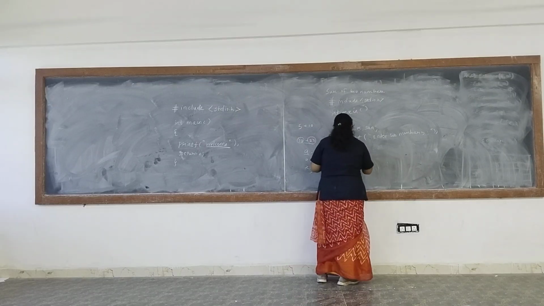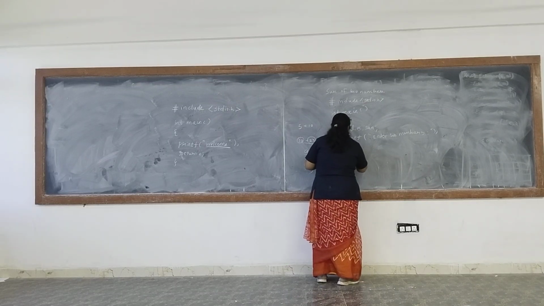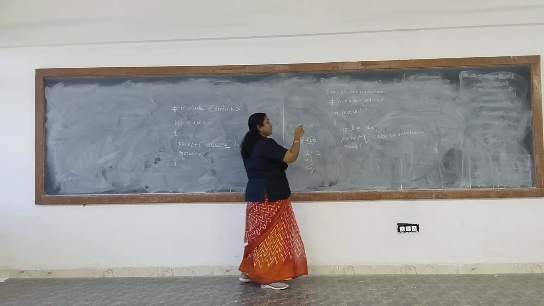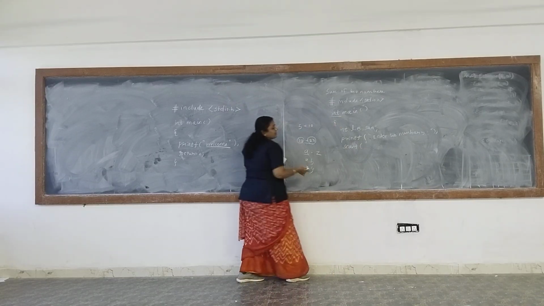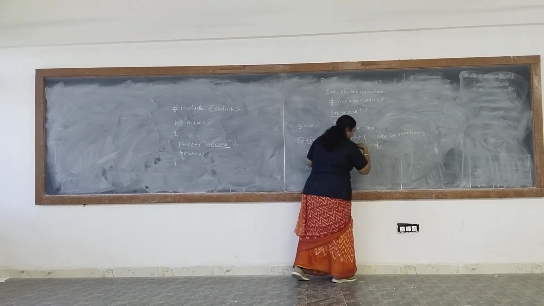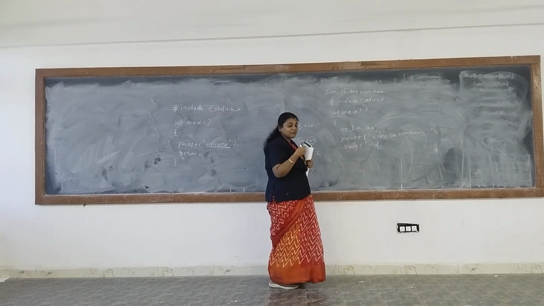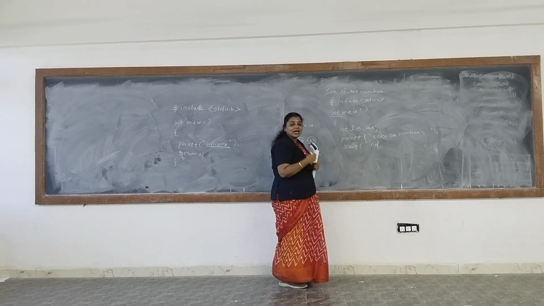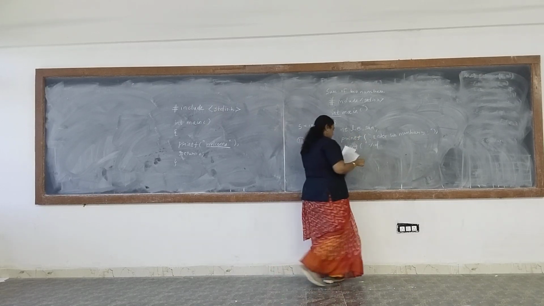Next, scanf for getting the input. The data type is integer, so you have to mention %d. Here how many variables did I mention? L and M, so you mention %d twice.